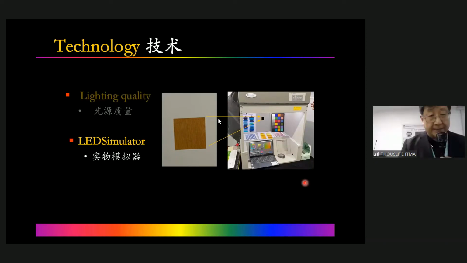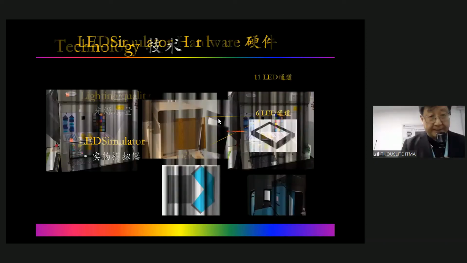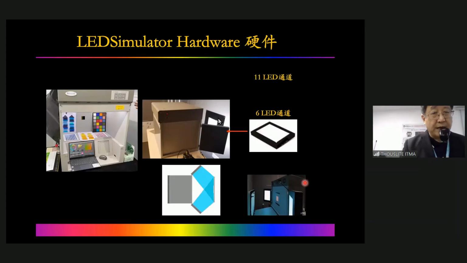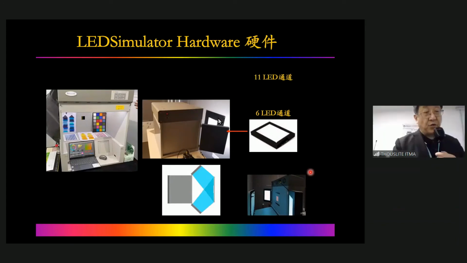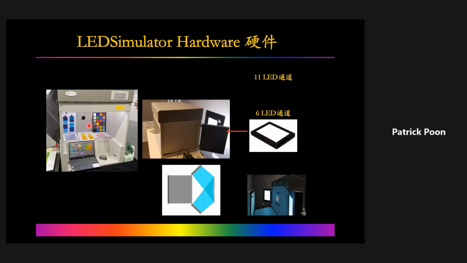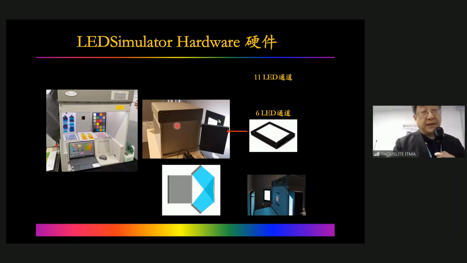Now I'm talking about the LED simulator. Looking at the LED simulator on its own, this is the front view. What you see is an ordinary viewing cabinet with a window on the wall. What is at the back of the system? We have two LED panels.